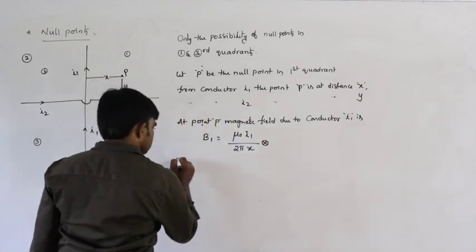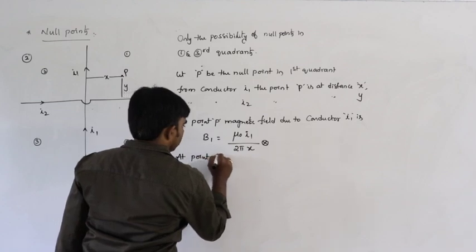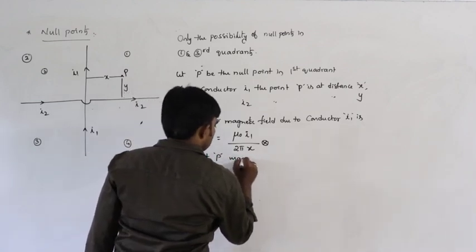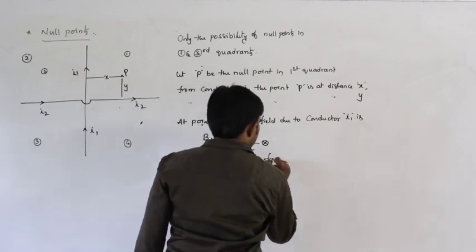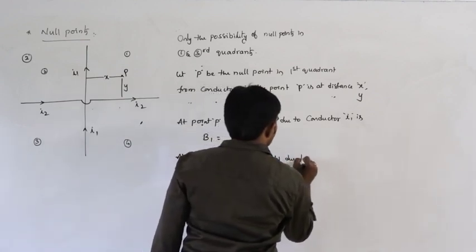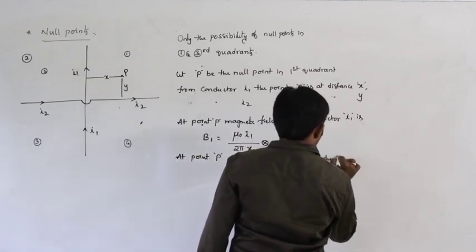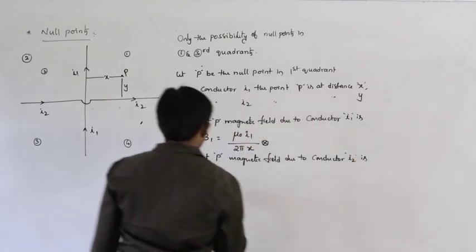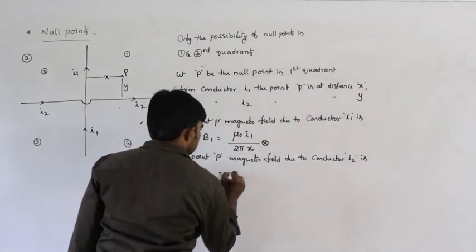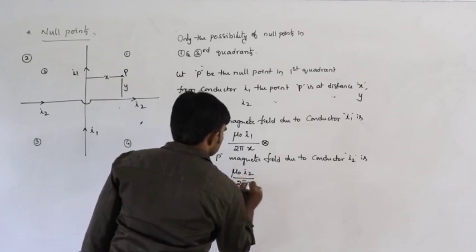Next, at point P, the magnetic field due to conductor I2 is B2, equal to mu naught I2 by 2 pi y.